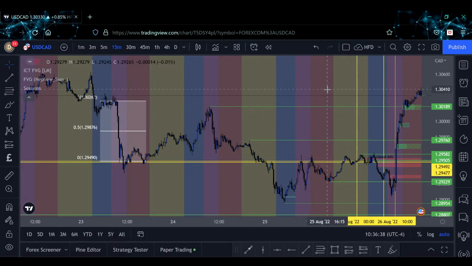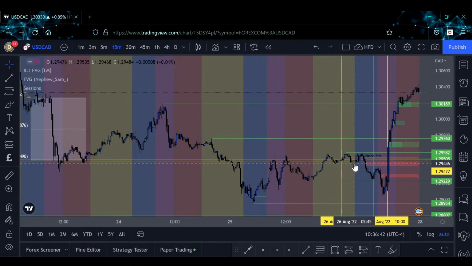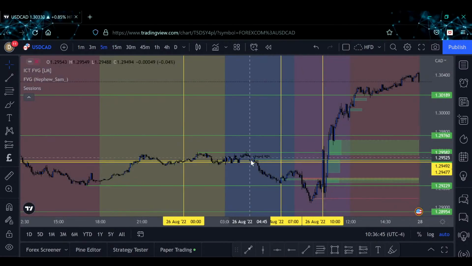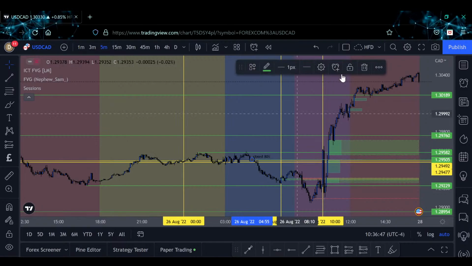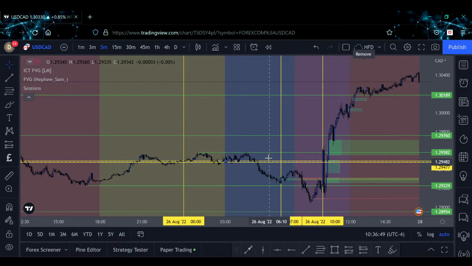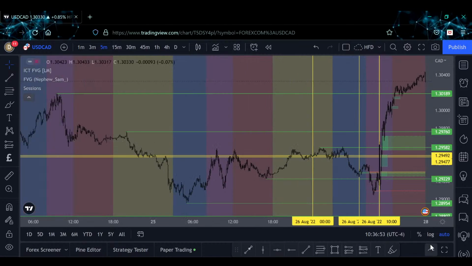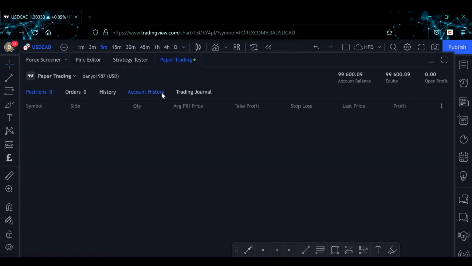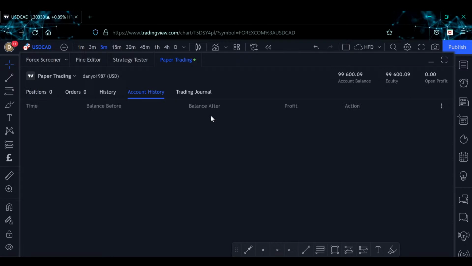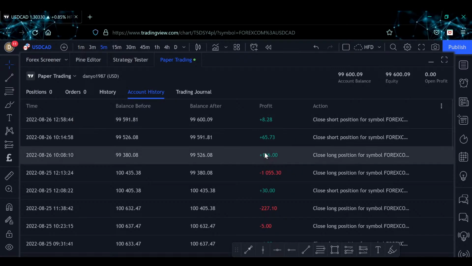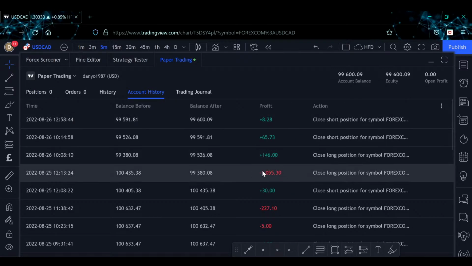So here we are in USD CAD, 15 minute. We've got the 5M. So that was a trade for the day. Do we recap of these? So ignore this.